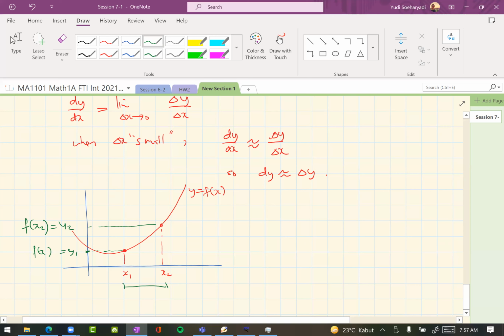This is what we call the delta x difference, and this is what we call the delta y difference.